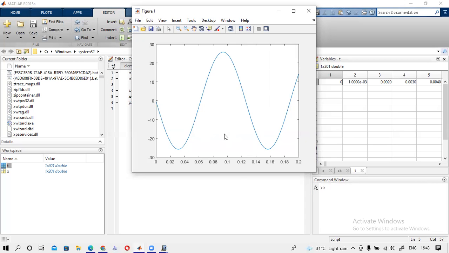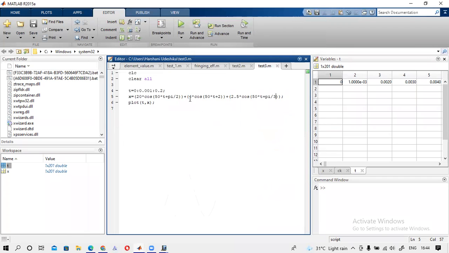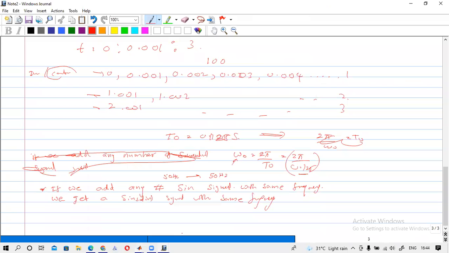The amplitude and phase can be changed, but we will get a sinusoidal signal with the same frequency.